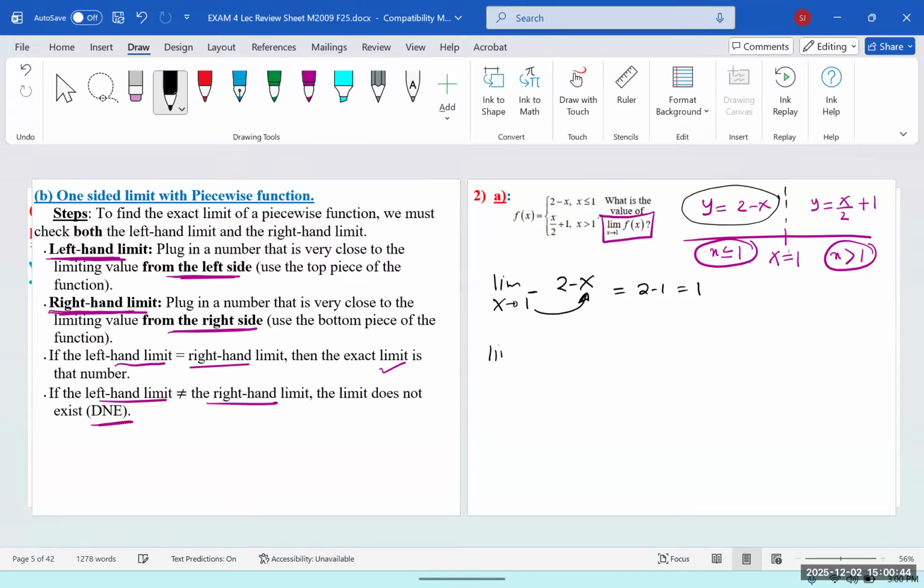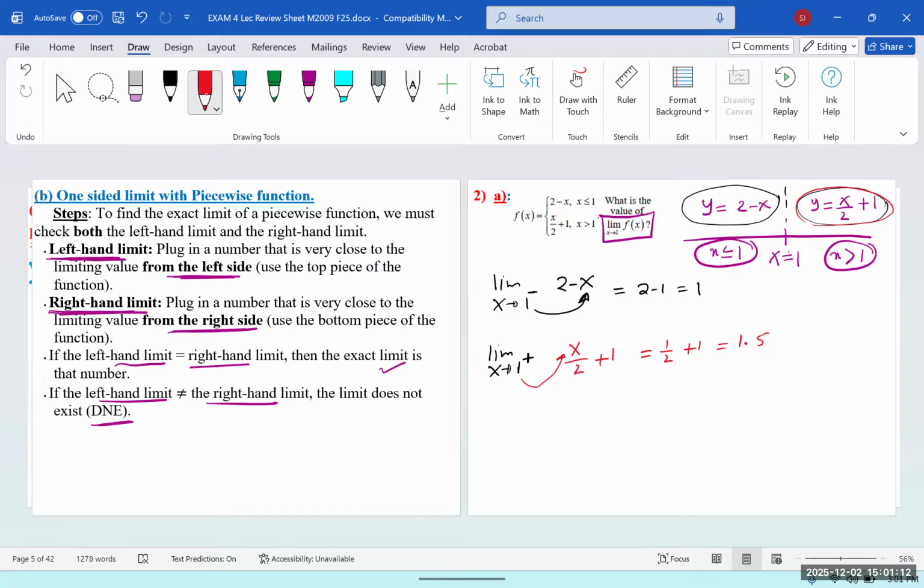And then you look at the right limit. X is going to 1 from the right side. Now on the right side of the 1, this is your function. You take this function, half of x plus 1, and you substitute x with 1. So you get 1 half plus 1, which is 1.5.